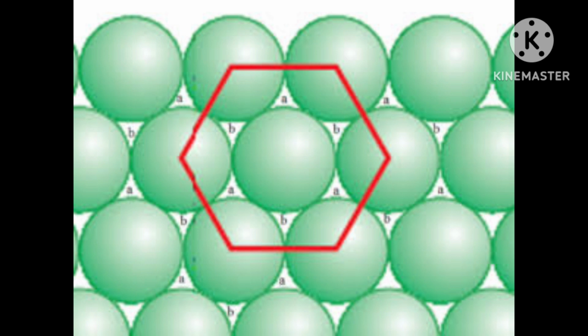Here sphere means atom or molecules or ions. In one dimension, the spheres are just in one row, touching like that, in the arrangement you have done.